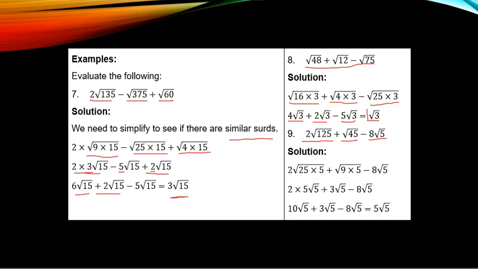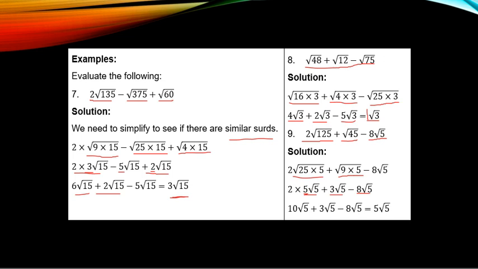So if we are looking for similar surds, we must do that in respect to 5. 125 can be expressed as 25 times 5. 45 is 9 times 5. 25, its square root is 5. You are left with root 5. For 9, its square root is 3 times root 5. The third term is already in simplest possible form.